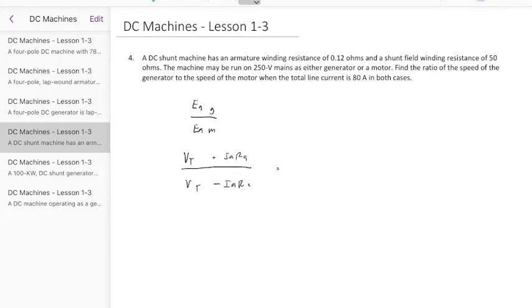Then we have 250 minus 80 amperes. Tas ang armature resistance nato is 0.12 divided by 250 may plus din sa taas.